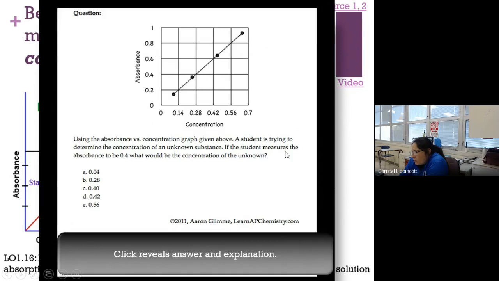So they measured the absorbance to be 0.4. So they measured it right here. What would the concentration of that material end up being?